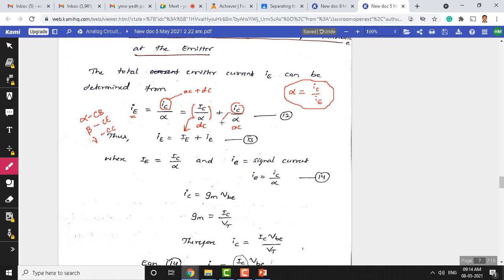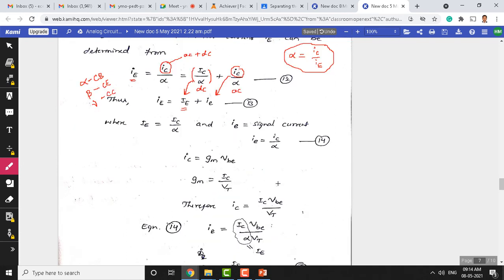Let us call this equation 13. So IE is equivalent to IC by alpha, and the signal component ie is equal to ic by alpha, because here we have an AC collector current.